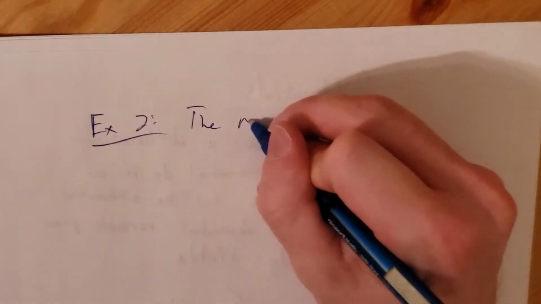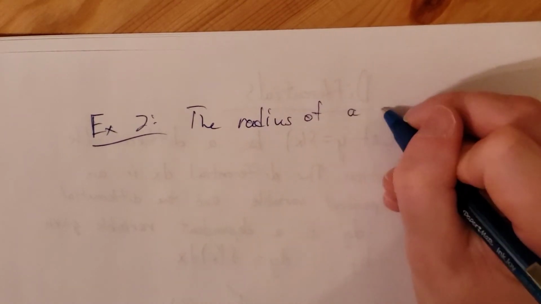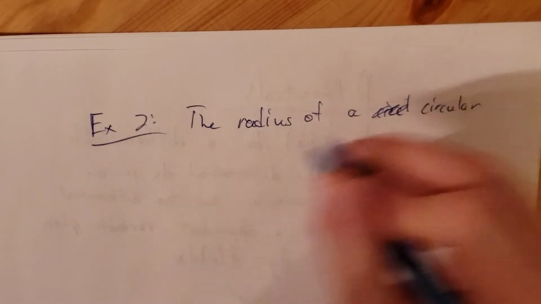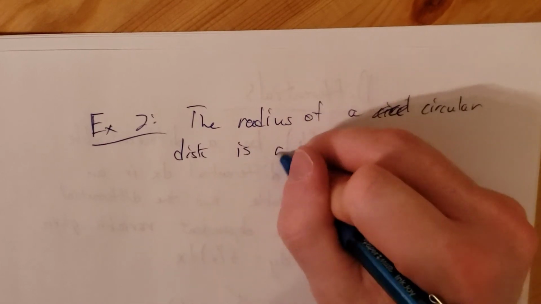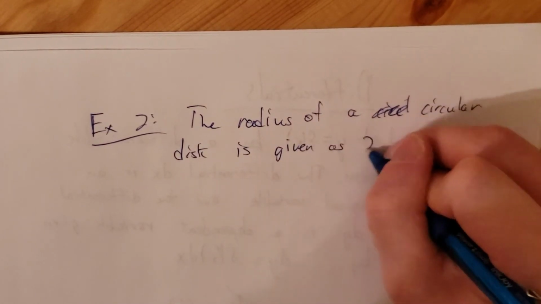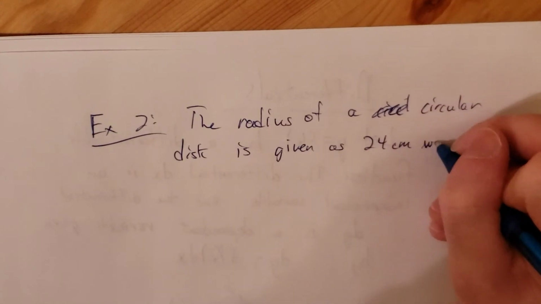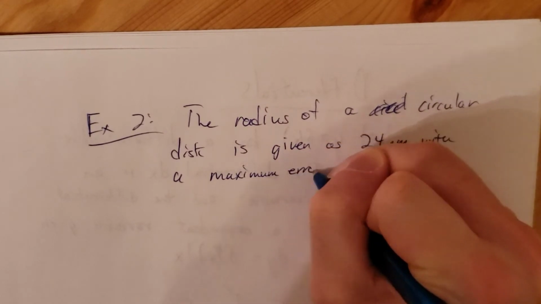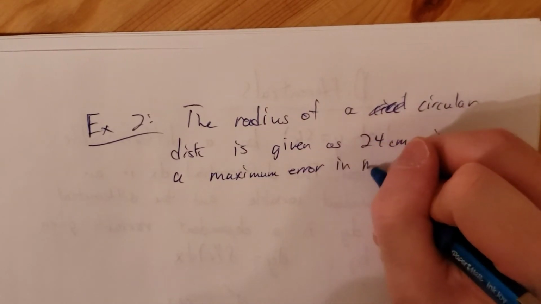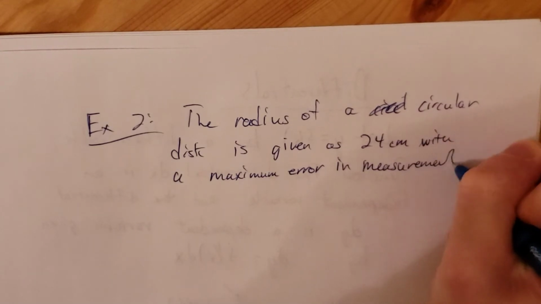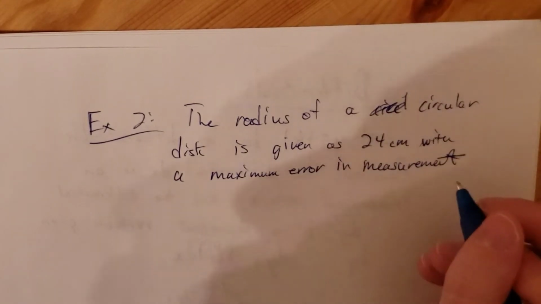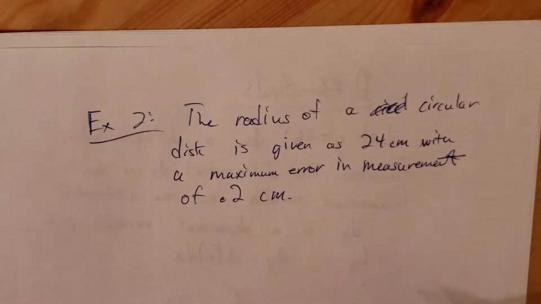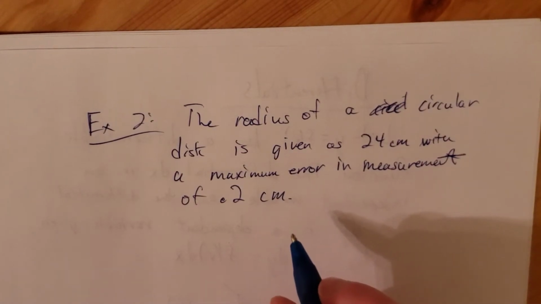So we have the radius of a circular disc is given as 24 centimeters with a maximum error in measurement of 0.2 centimeters.